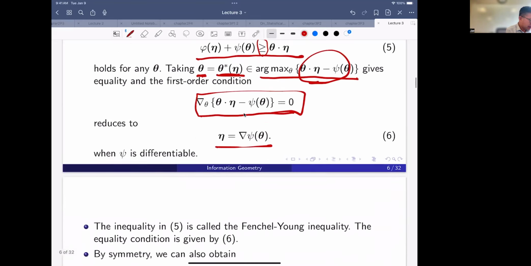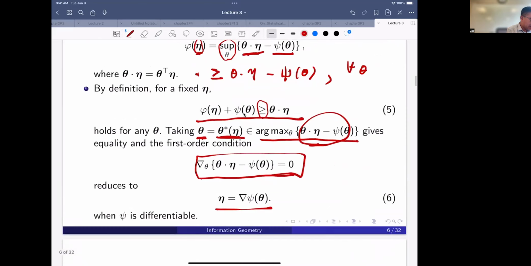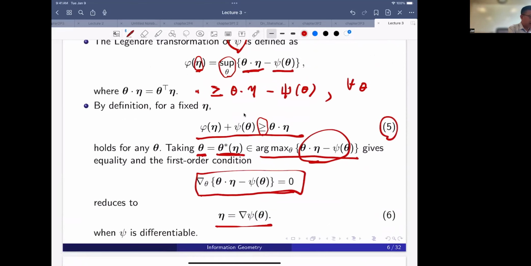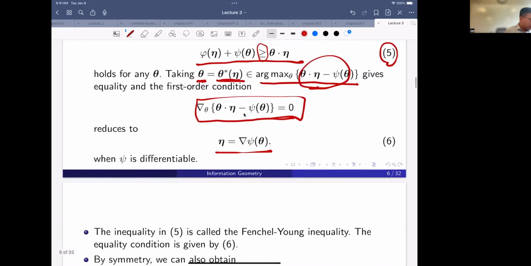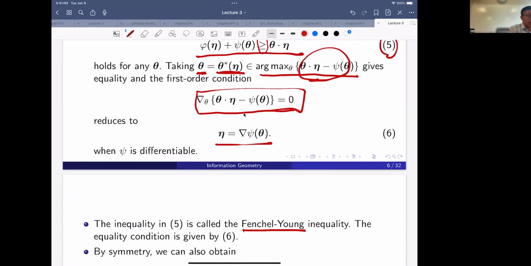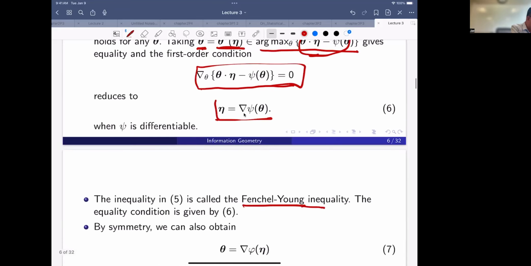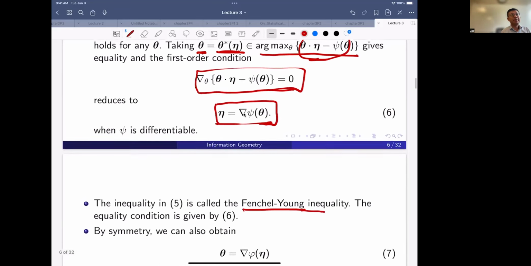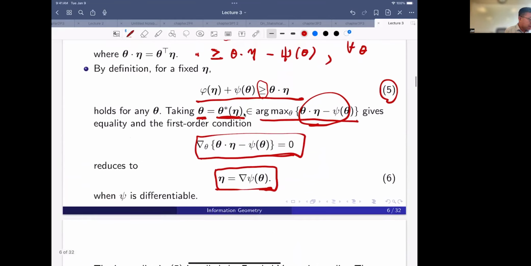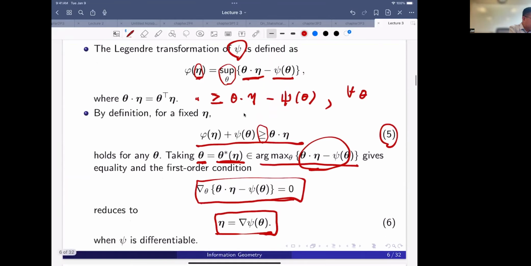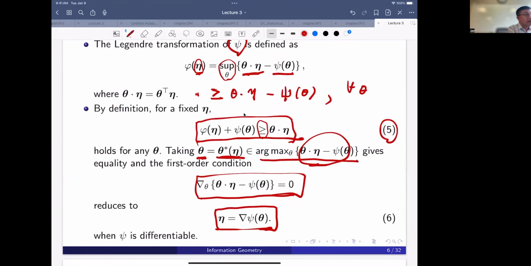Okay. And this inequality here is called the Fenchel-Young inequality. And the equality condition is this one. Now, if you look at this inequality carefully, it's actually symmetric.